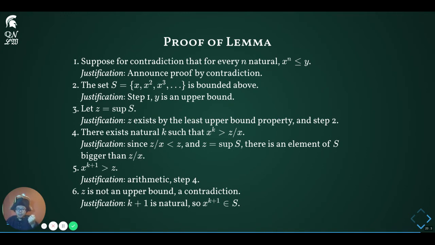Rearranging this expression, we get that x to the power k plus 1 is greater than z. But since k plus 1 is also a natural, x to the k plus 1 is in S. This means that z cannot be an upper bound of S after all, and this contradicts step 3 where z is set to the supremum of S.